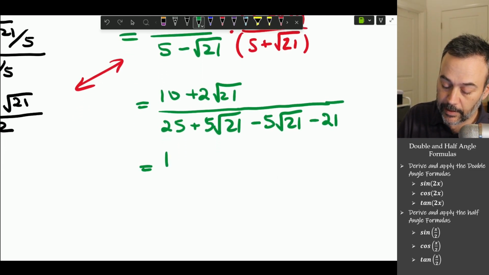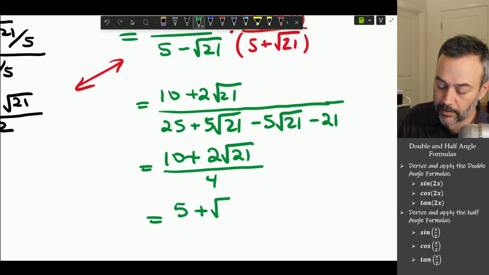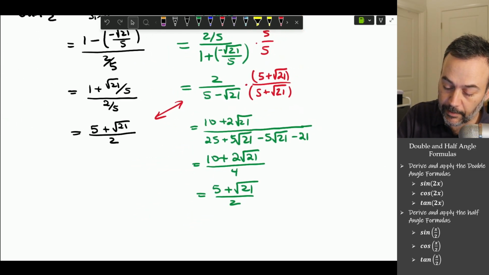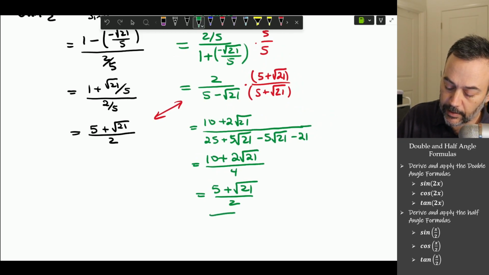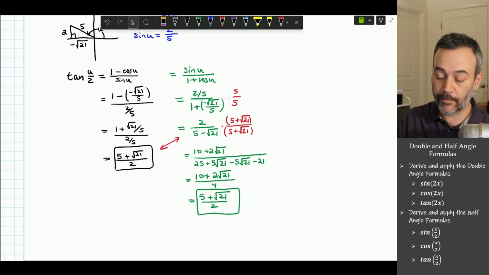And I get 10 plus 2 root 21 over 25 minus 21, which is 4. Cancel a factor of 2 in everything, and I get 5 plus root 21 over 2. And they are the same. Notice that this is the same thing as this, using either method.